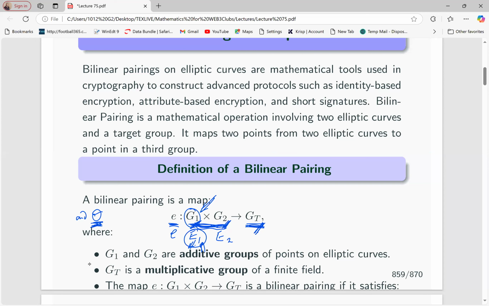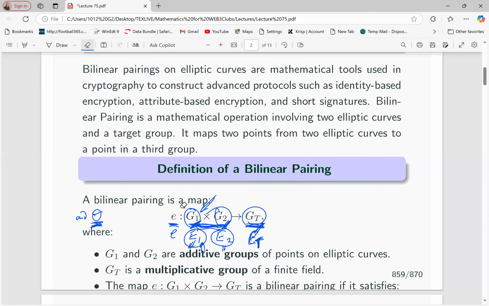The points of this other elliptic curve, together with the point at infinity, will also form another group. And we have another one again. The points of this elliptic curve, together with the point at infinity, will form another group. And now, the map or the function that maps the direct product of group 1 and group 2 to group T is what we call bilinear pairing.